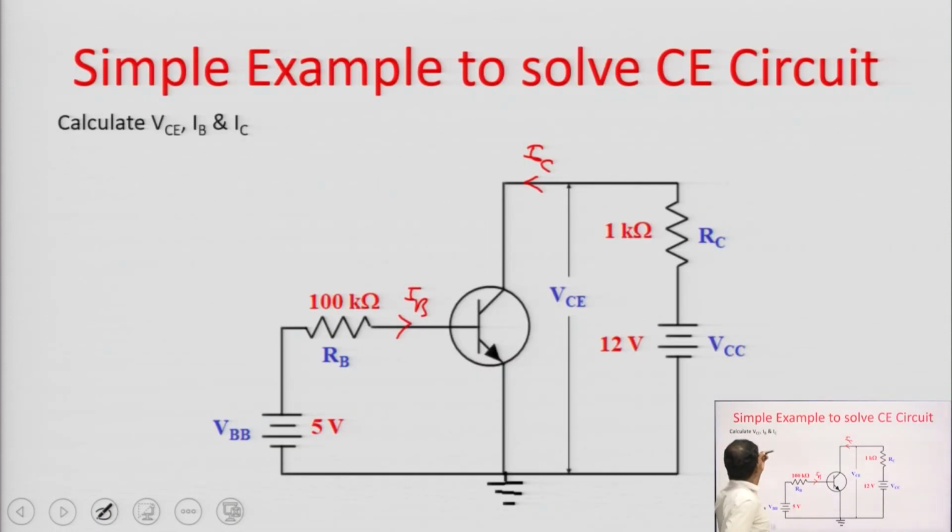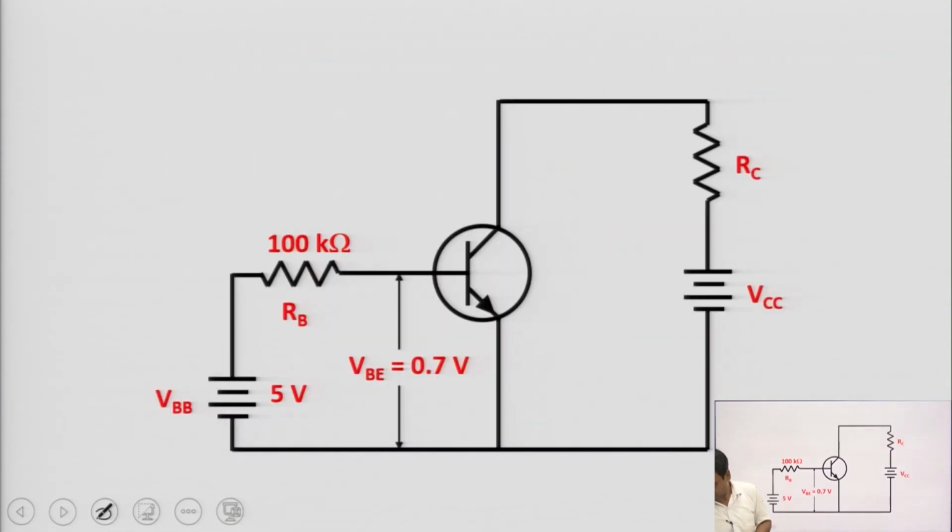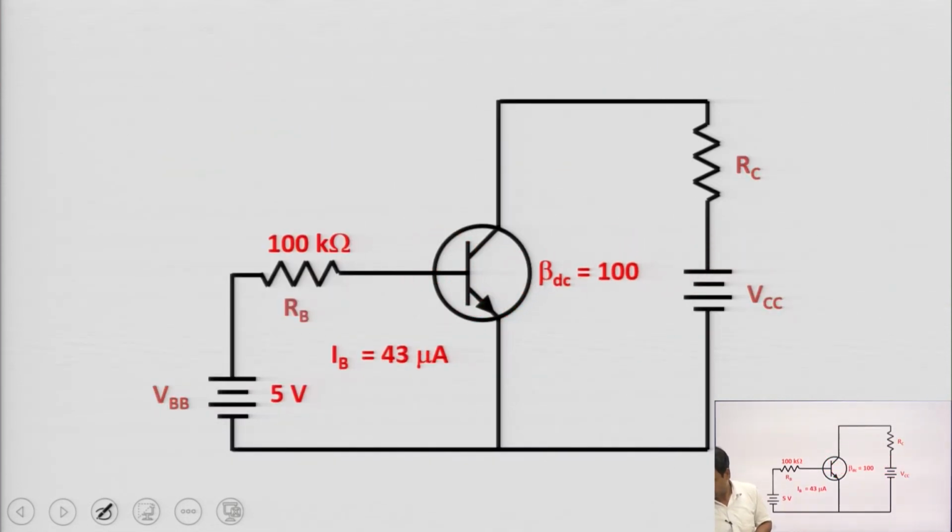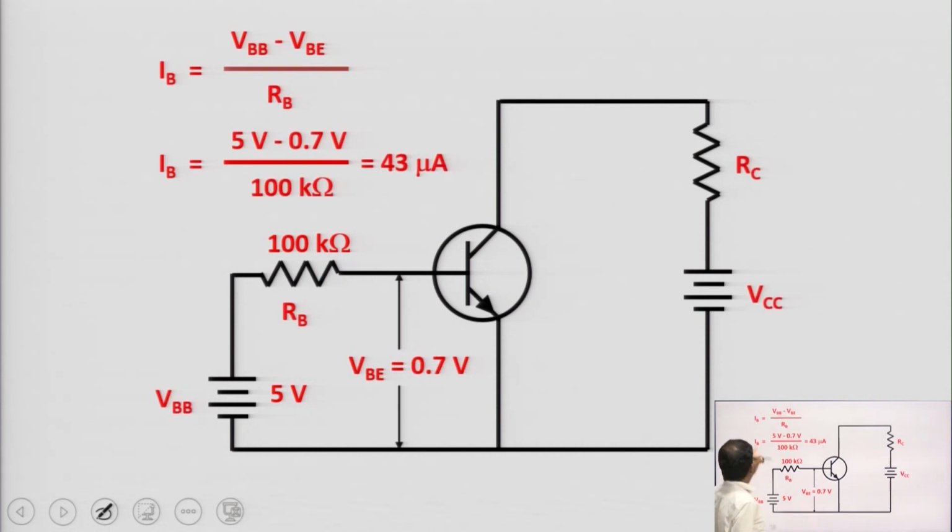Here we have to calculate the VCE, IB and IC. So, now I am going to calculate these values. IB is equal to VBB minus VBE upon RB. Why is it like that? Because if we apply KVL here, we get VBB minus IB into RB minus VBE, and this voltage you already know is 0.7 volt.